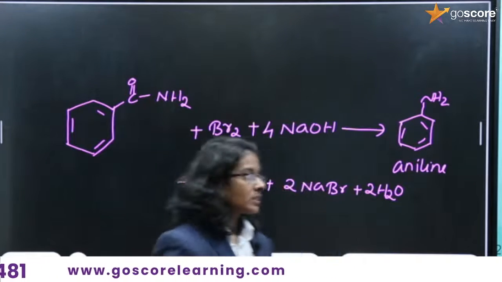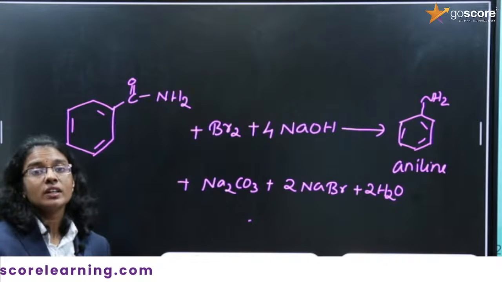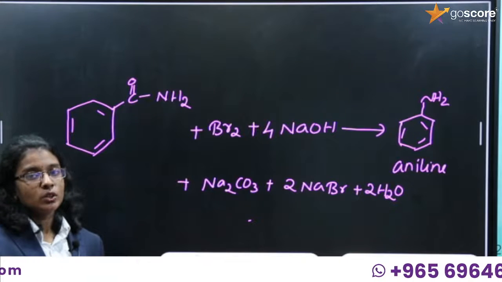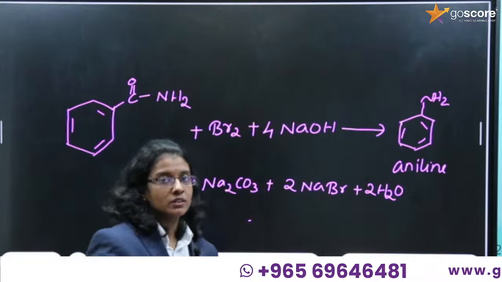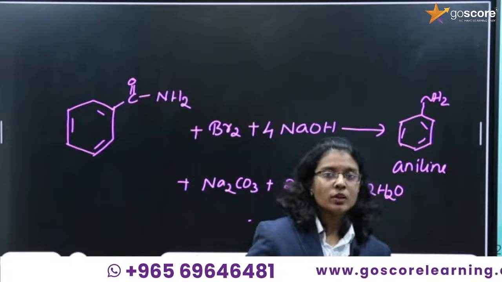Then we discussed Hofmann bromamide degradation reaction. Hofmann bromamide degradation and Gabriel phthalimide synthesis are very, very important. You have to study them. Then we discussed the reduction of amides. So you have to study the reagents, what reagent we are using.